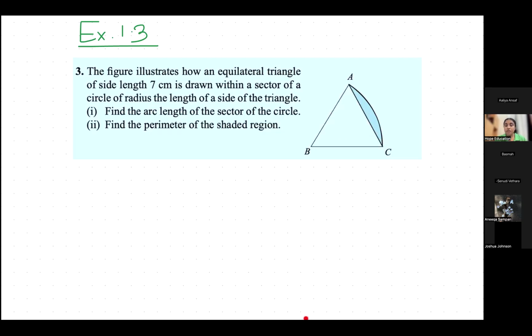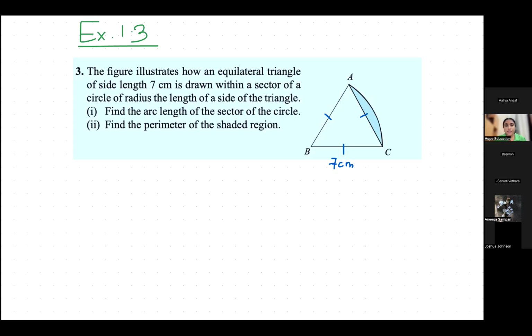So we have a sector and we have a triangle. They say it's an equilateral triangle of side length 7 centimeters. When they say equilateral, that means all three sides are equal. And if one side is 7 centimeters, all three sides are 7 centimeters.